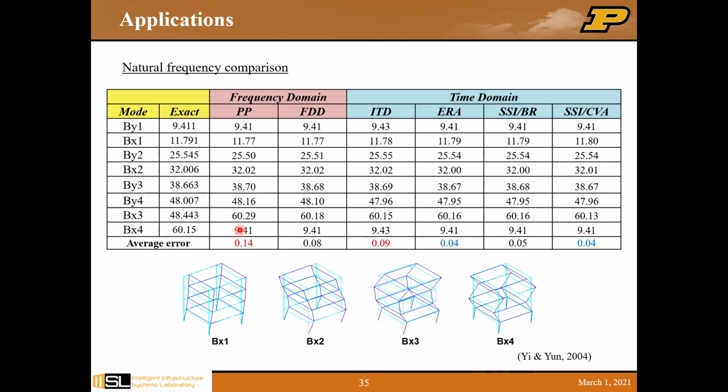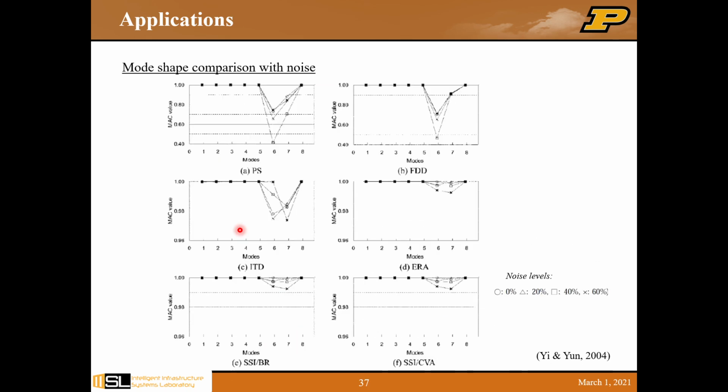Therefore it is challenging to accurately identify the mode shape. That challenge is not handled well by peak picking, FDD and ITD methods, but ERA and SSI did quite a good job to address the challenge and eventually obtain relatively accurate mode shapes.